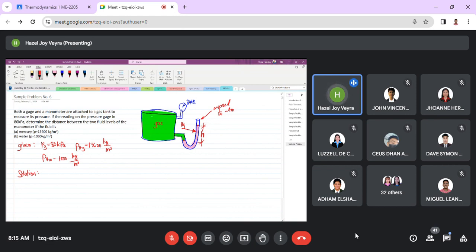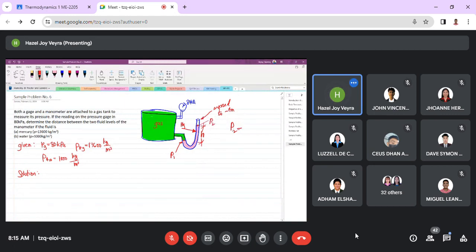So let's have this P1. This is P2. What's your P2 gauge pressure, the equivalent gauge pressure if this part of the manometer is exposed to atmosphere?